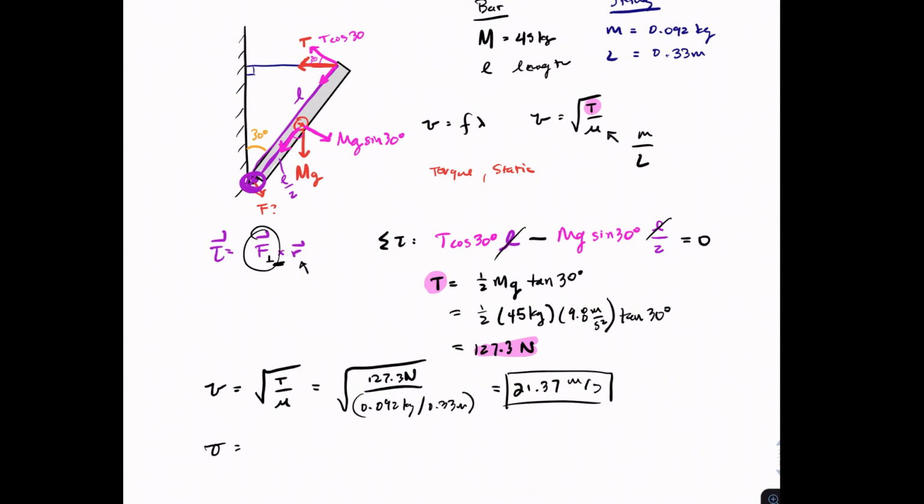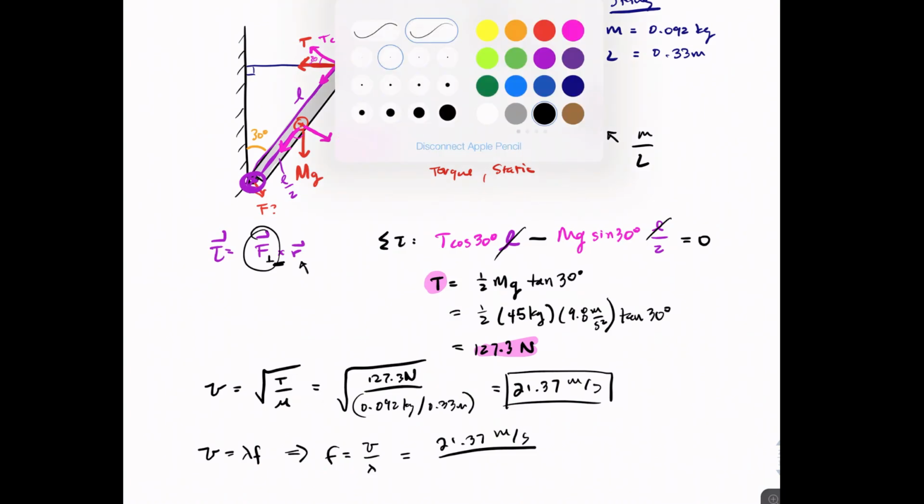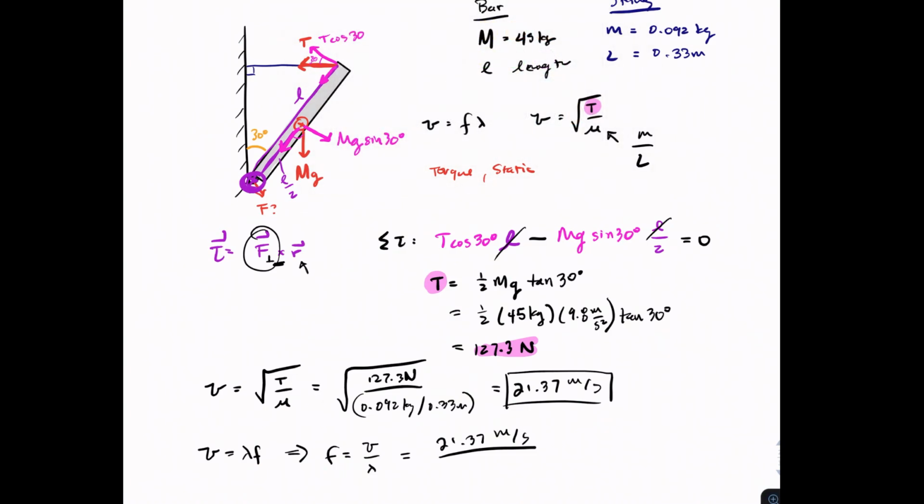So now we have our wave speed, but we still need the frequency, and we know that this speed is also equal to lambda times frequency, so frequency is equal to wave speed over wavelength, so that's 21.37 meters per second over the wavelength. And remember, if we have a standing wave on this string, the first fundamental looks like this, which means that's only half a wavelength, because a whole wavelength would include this part.